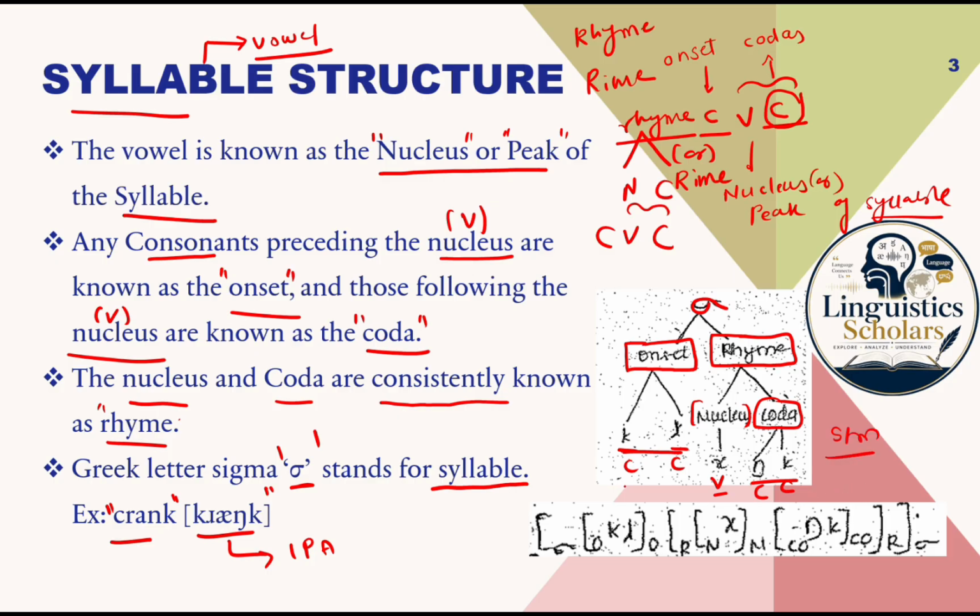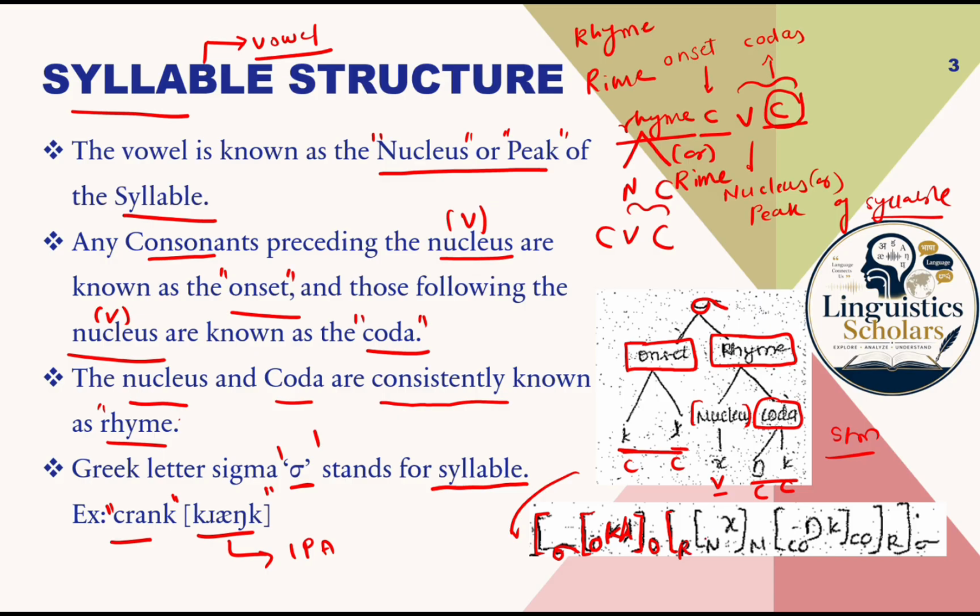I can show you. First you have to open the square bracket. Because it is the beginning of the syllable, you have to give the sigma for the syllable, and next you have to open a square bracket for the onset, and the onset consists of k and r, as in crank. The onset is finished, so you have to close the square bracket, and then the rhyme starts.